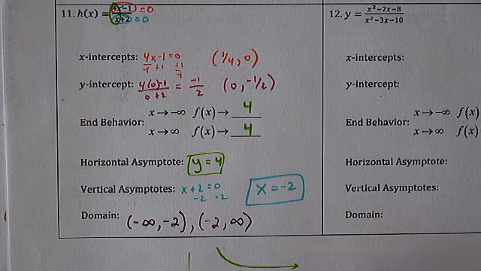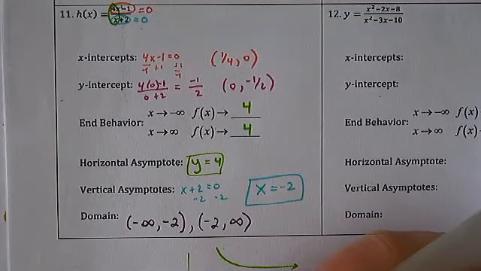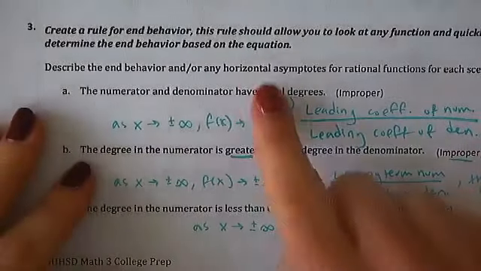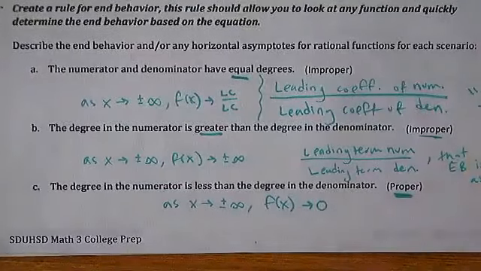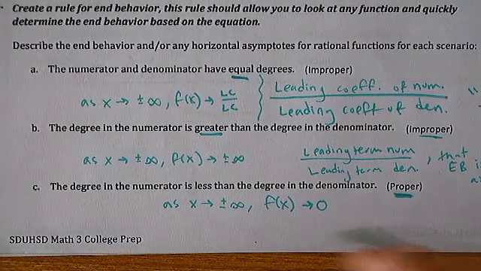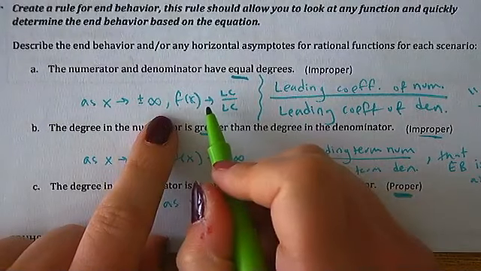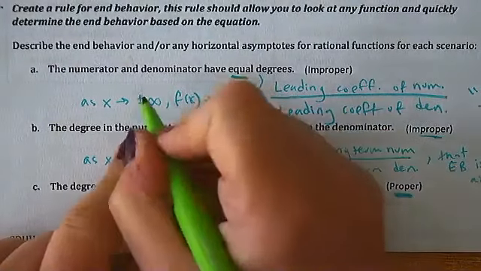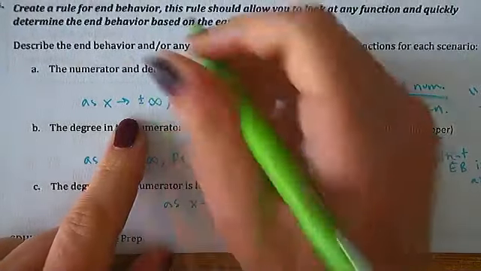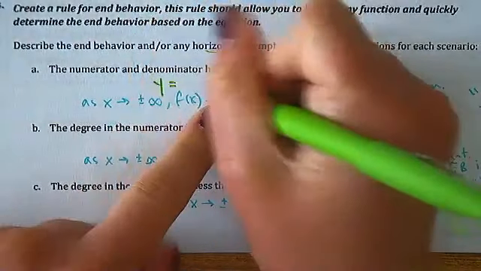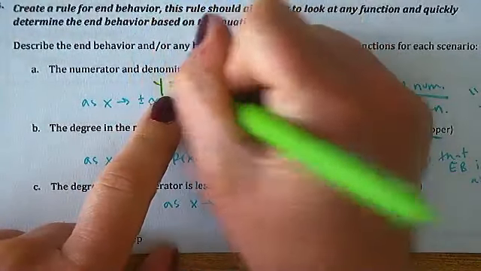Really quickly, I do want to go back to this page and also talk about horizontal asymptotes. As we said with this one, that's what we just did together where they had equal degrees. So your horizontal asymptote is y equals that leading coefficient over that leading coefficient.